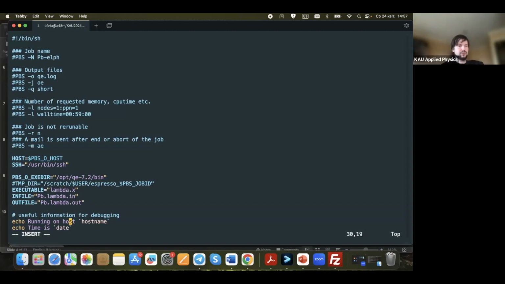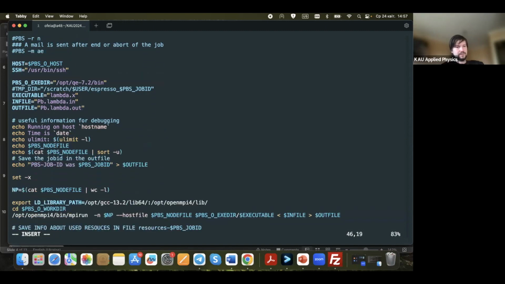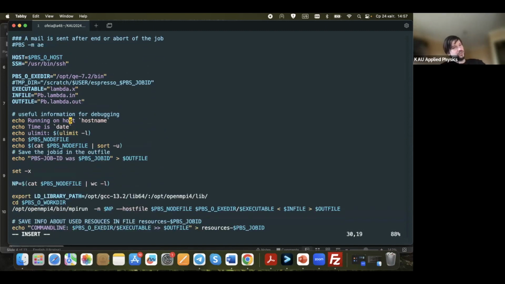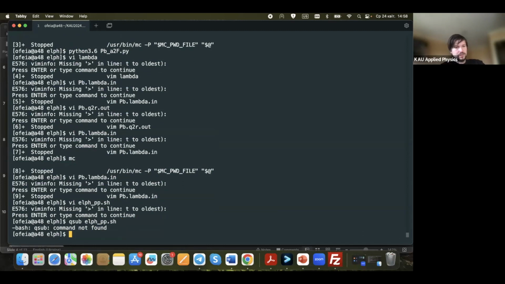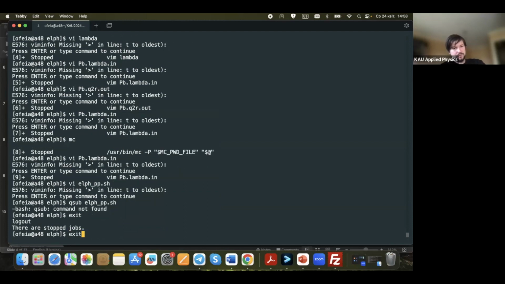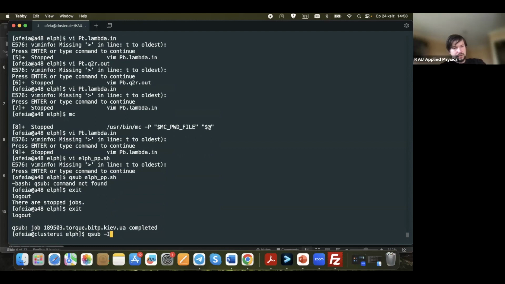Yeah, got it. This is the only thing we should change, lambda. And now I count it. I'm on the node, so I should exit. And now I can launch.